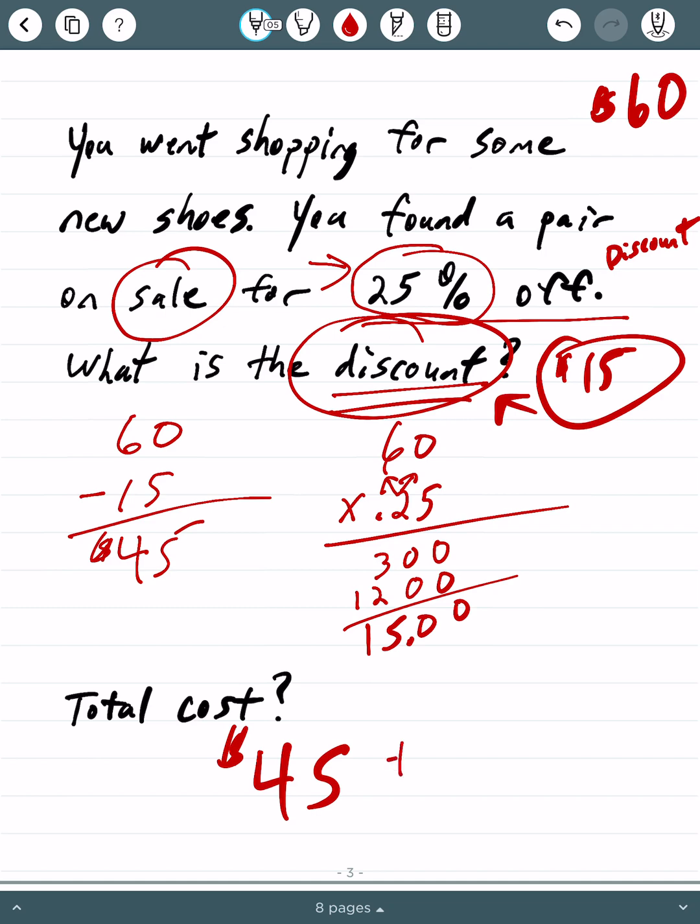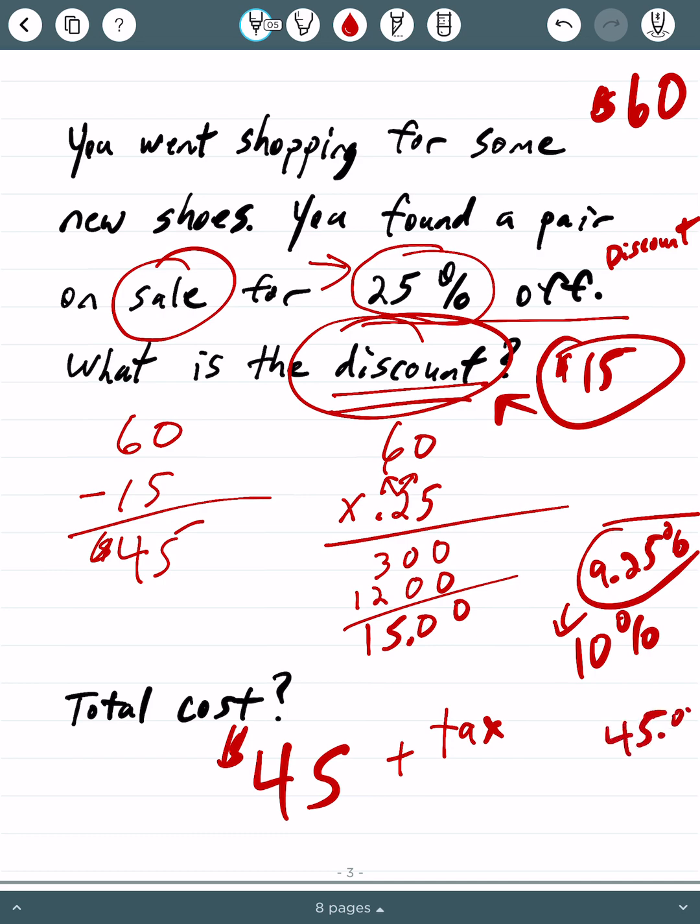Now, in real life, that would actually be plus tax. Now, let me tell you how Mr. Tippett does this since we live here in Knoxville area. I said that ours is about 9.25%. Well, I can't do that in my head, but that's awful close to 10%. I can do 10% all day long, because to do 10% of a number, all you do is move the decimal backwards one time. So if I have the number $45 and I move the decimal back one time, or you could think of it as dividing by 10, that's $4.50.